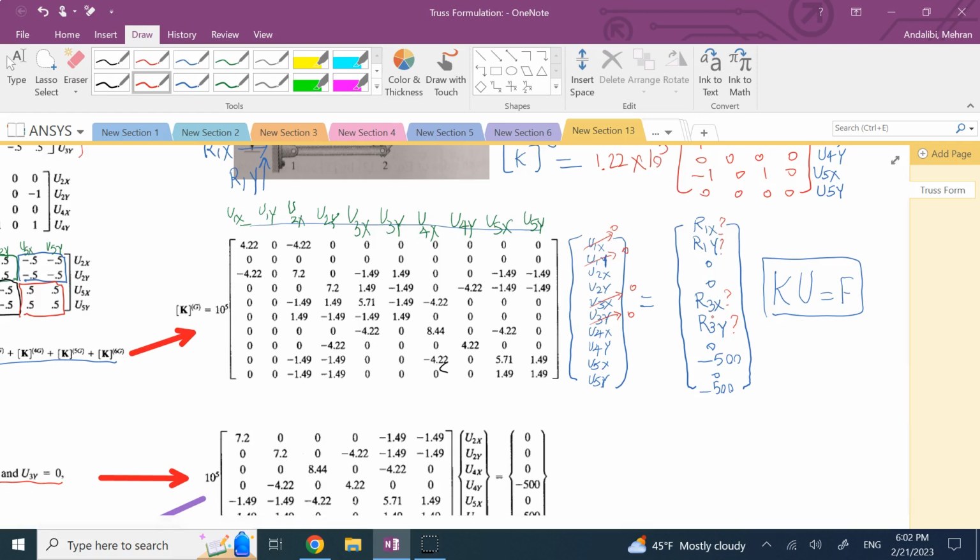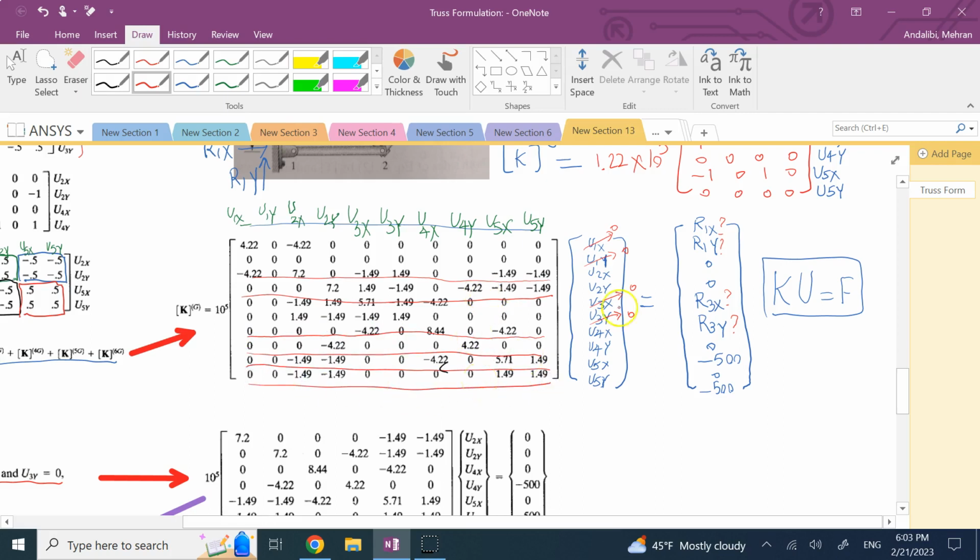But the way I solve it is this. This is what I do. I get rid of the elements U1x, U1y, U3x, U3y, and the right-hand side. So the only equations I would focus on are the equations coming from what? Coming from the 3rd row and the 4th row, as well as the 7th row, 8th row, 9th row, and 10th row.